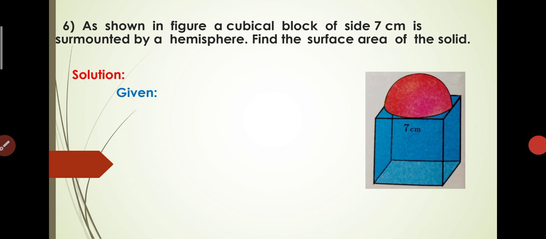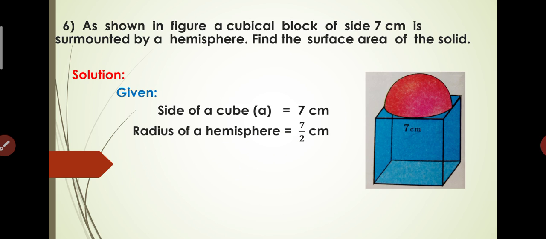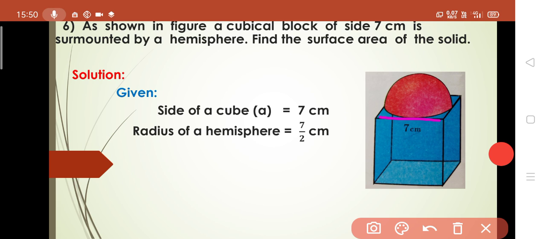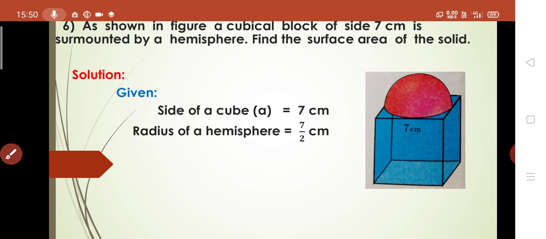Now see here, solution. What is given? Side of the cube a is 7 cm, radius of the hemisphere. Side of the cube is 7 cm, so this will act as the diameter, isn't it? So radius means half. So radius of the hemisphere is 7/2 cm.